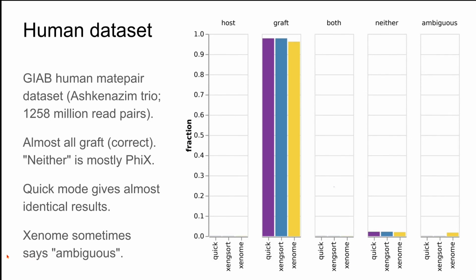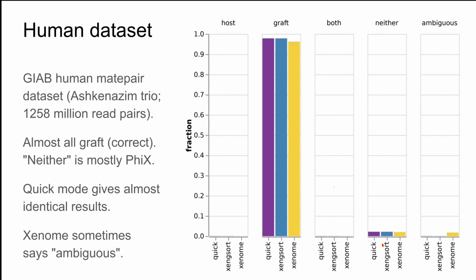So here we take a well-known Genome in a Bottle human mate pair dataset, and we can see that our tool xengsort classifies almost everything as graphed, so this is human. The same holds true if we use the quick mode, and Xenome classifies a little less as graphed, but slightly more as ambiguous. Now all of the tools classify some of the sequences as neither.